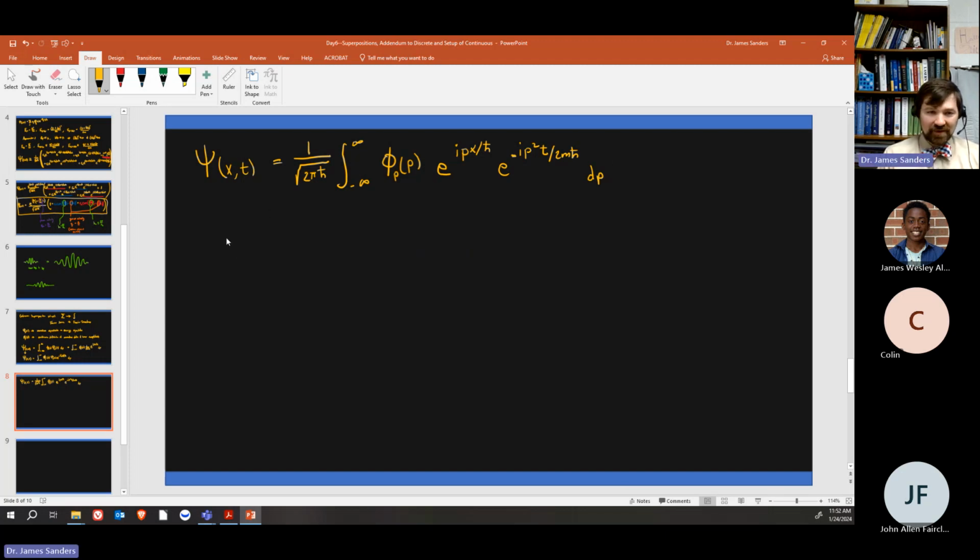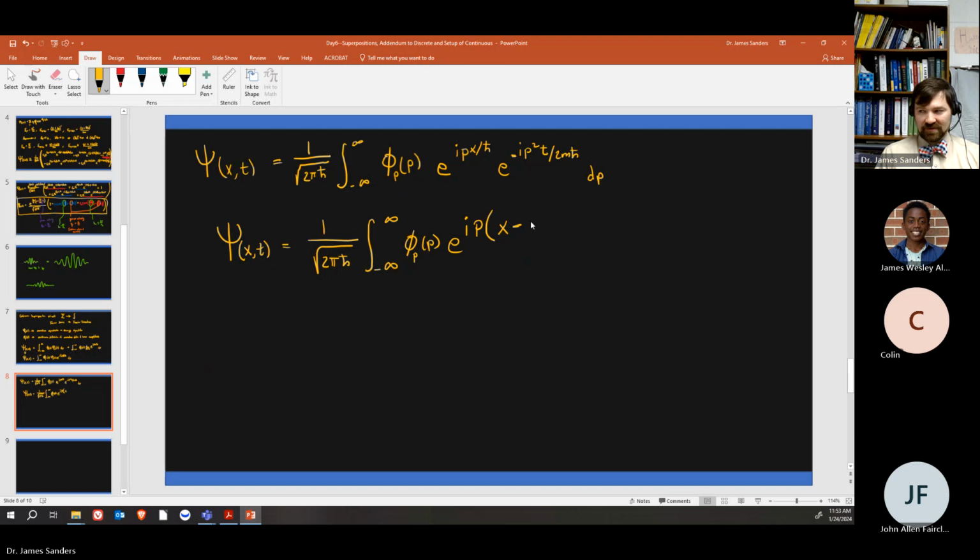And of course, you can combine stuff in the exponent. And what you have is x minus p t over 2m, over h bar, dp.